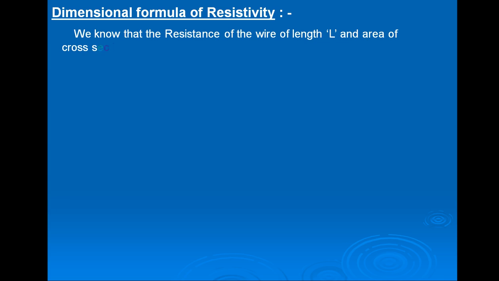Now, dimensional formula of resistivity. We know that the resistance of a wire of length L and area of cross section S is given by R = ρ L/S. Put it as equation number 1.